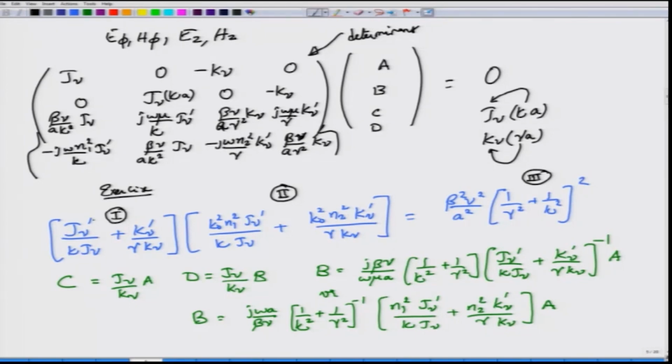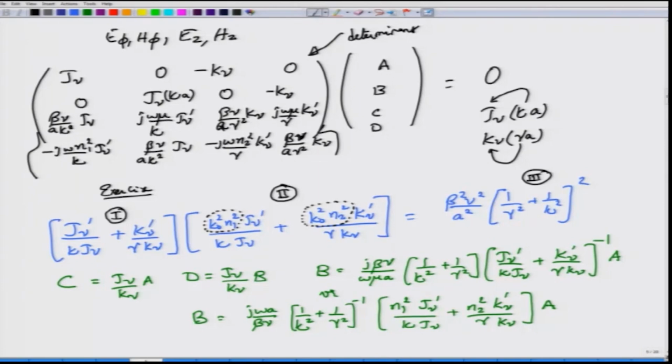So, therefore, you have J nu prime divided by kappa J nu, and similarly you have the derivative in the denominator, I mean in the cladding case, which is K nu prime divided by gamma K nu, and the term 2 that you have is essentially the same as term 1, except that J nu prime is getting multiplied by k0 square n 1 square, whereas K nu prime term is getting multiplied by k0 square n 2 square, okay. So, except for this multiplication, these two terms are essentially kind of similar to each other.